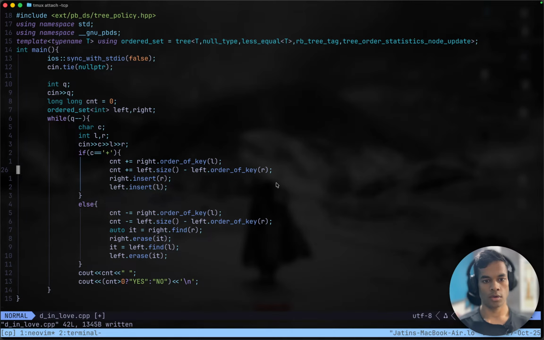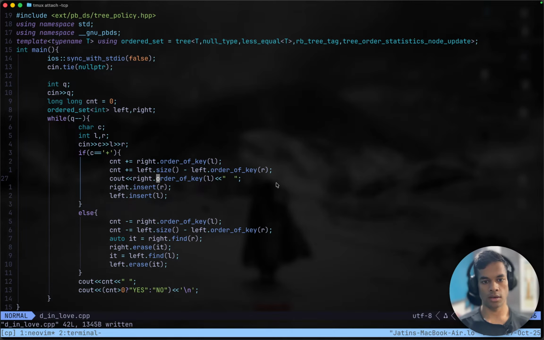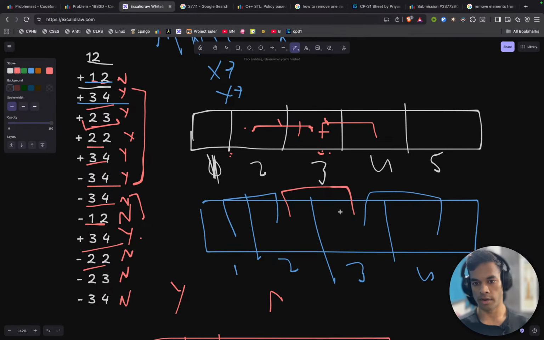On the left, we are asking order of R. R is 3. And what if they are equal?